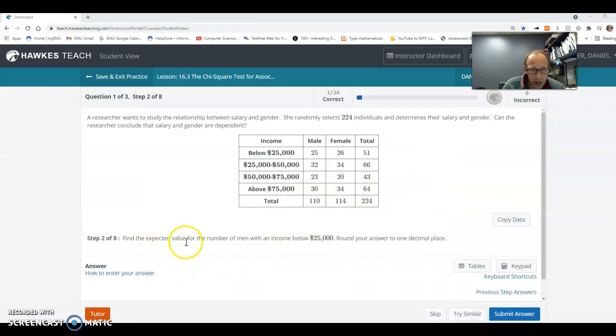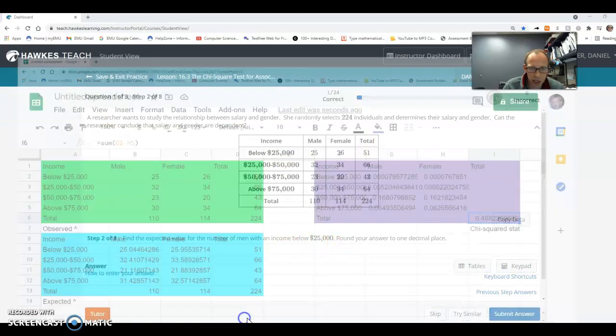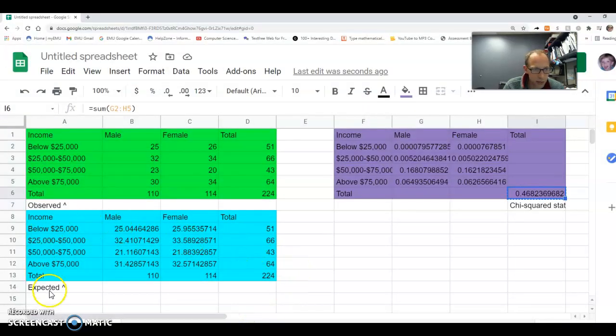Let's go ahead back to our, grab that. Now we could fill in all of these. What is the expected value for men with income below 25,000? Expected men below 25 is 25.0.